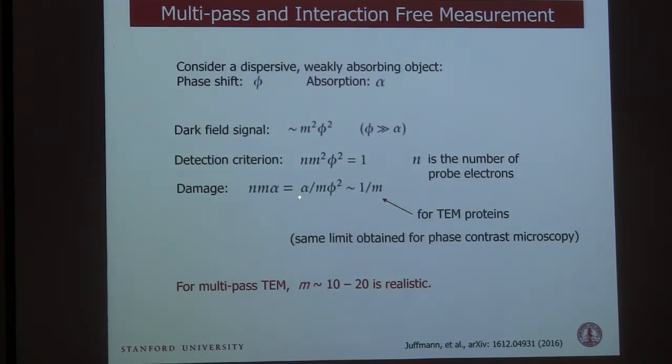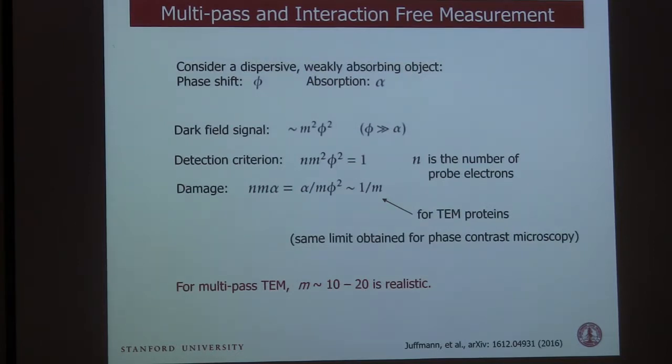And you put in experimentally relevant values for alpha and phi, the phase shift for these imaging objects, like the protein, and what you find out is that the damage can be much less than 1.